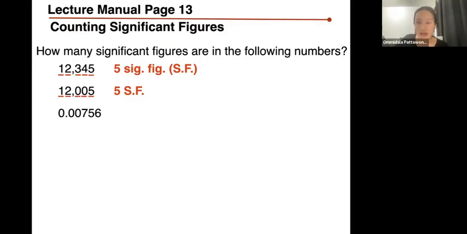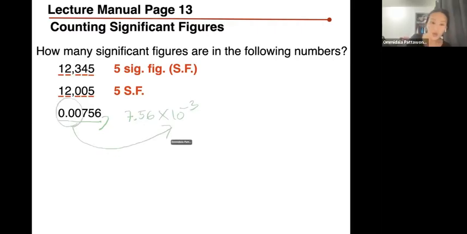Now, the one that contains the leading zeros, this leading zero is what we call a placeholder. The reason is that you already learned that this decimal form can be reported as scientific notation. If you convert this into scientific notation, 7.56 times 10 to the negative 3, you see that these zeros disappear because they become part of the notation.